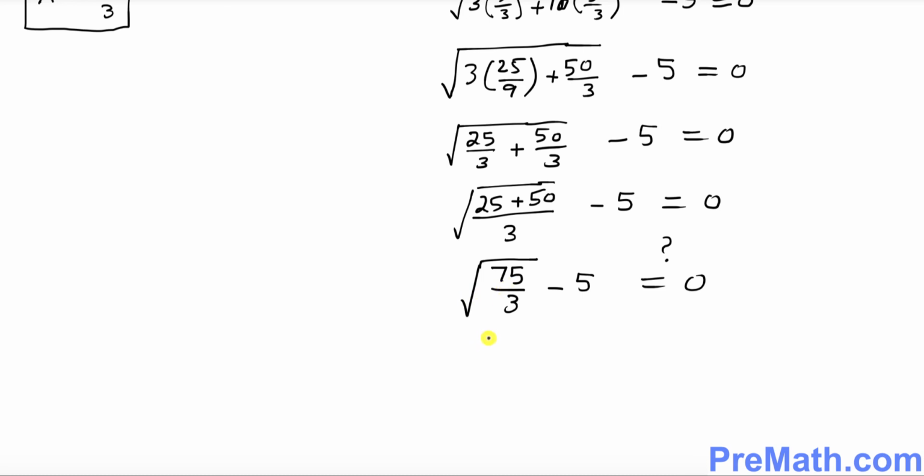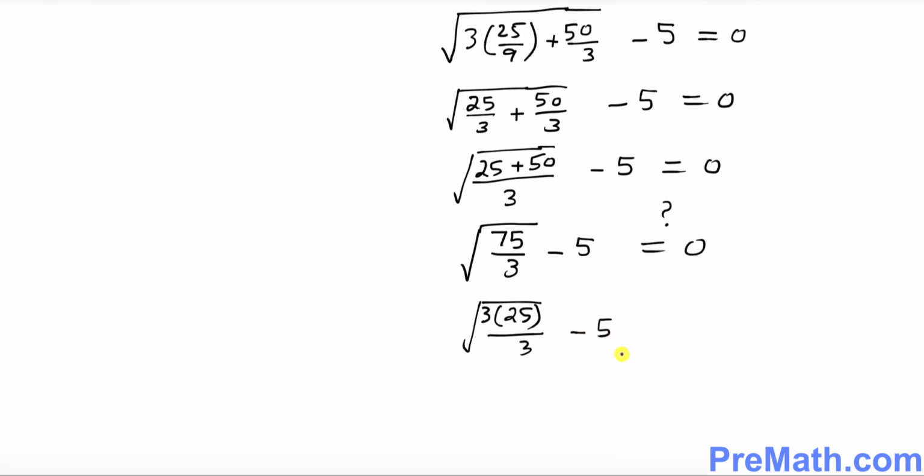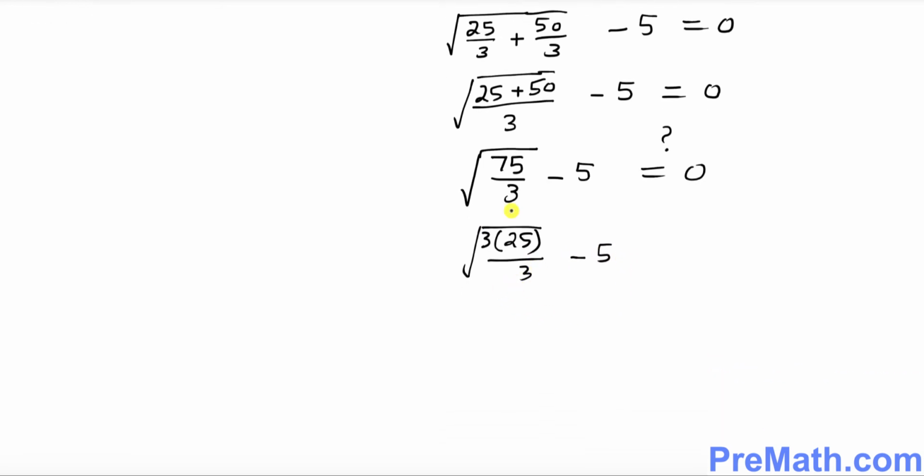Right now, can you write 75 as 3 times 25, divided by 3, under the square root, and then minus 5? And then what's going to happen? This 3 and this 3 are gone. So simply we get the square root of 25 minus 5, question mark again. Are they equal to 0?